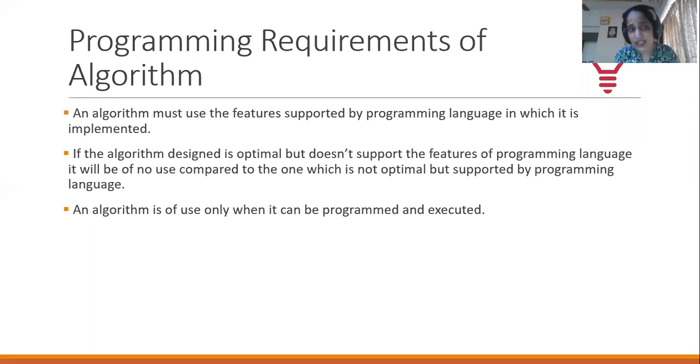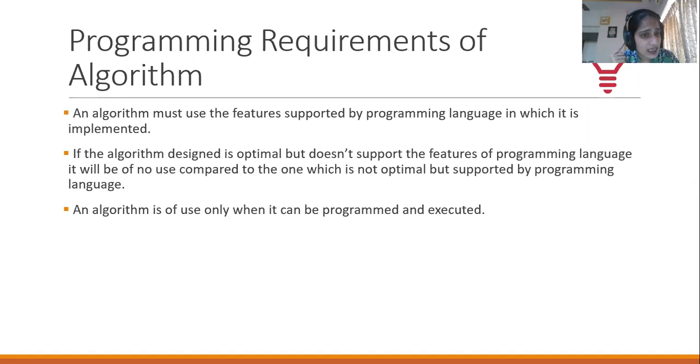Now what if something is written in an algorithm and that feature is not supported by the programming language? Of course, there is a very minimal chance of it, because programming languages come with immense capabilities, and it is also a big skill of the developer and programmer on how to code that thing.